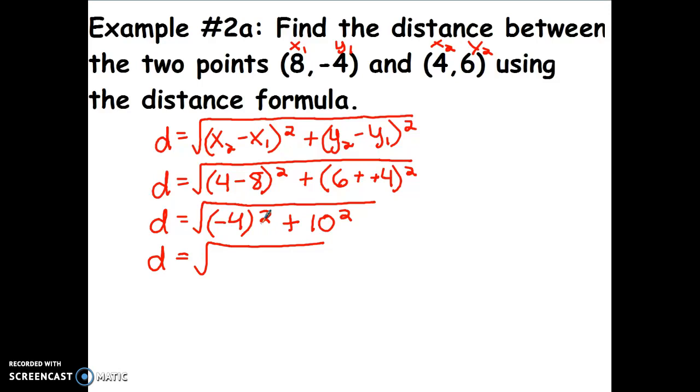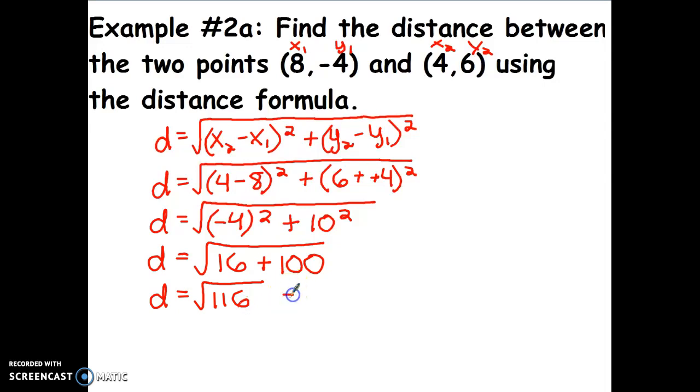So if you're going to put it in your calculator, you need to put it in just like this. So it'll be a -4 times -4, which is 16. 10 squared is 100. All right, so D equals, well, 16 plus 100 is 116.